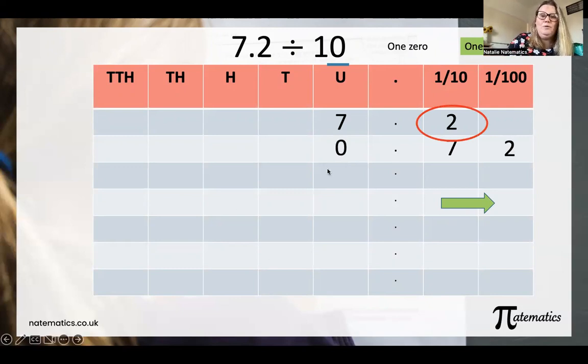And then you need a placeholder in the units. Because remember, if we don't have any units, we still have to show 0 point. That's the whole point, because otherwise that'll just look like 72 if you don't put that in there. And obviously every digit has a place and a different value depending on which column it's in.